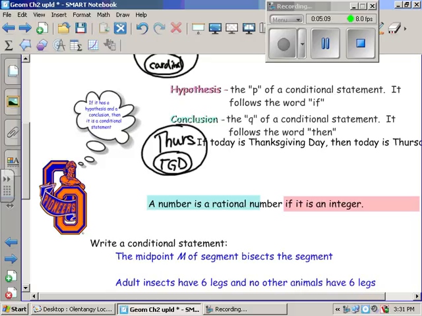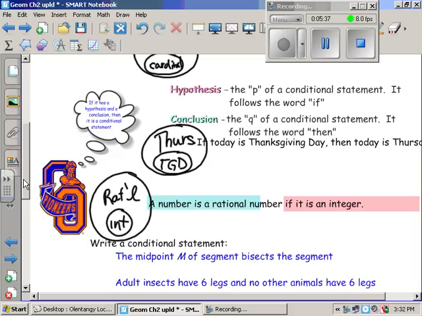So if it is an integer, then the number is a rational number. Okay, and the Venn diagram of that would be integers on the inside, the if part, the P, and then rational numbers would be outside. Okay? Integers, rationals. Integers are part of the rational number group.